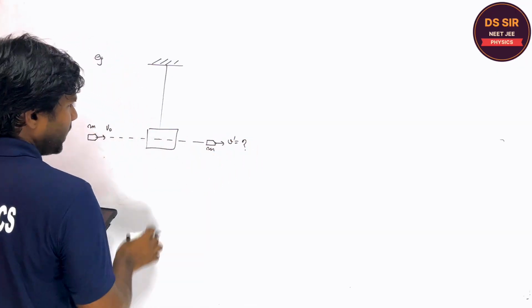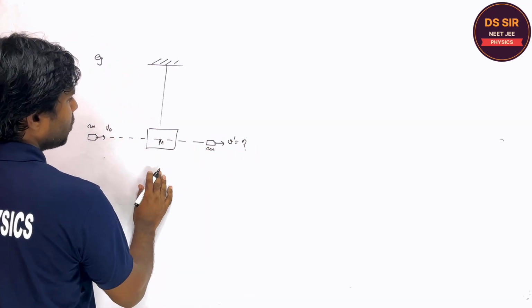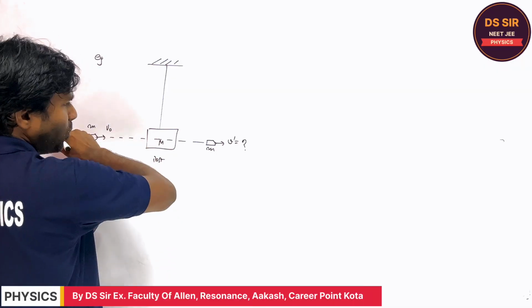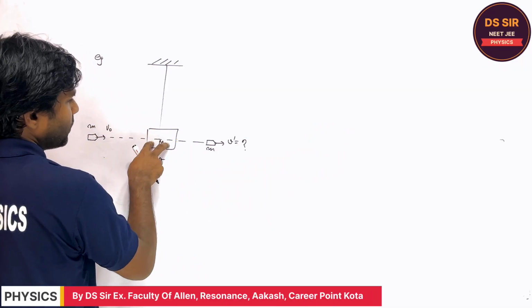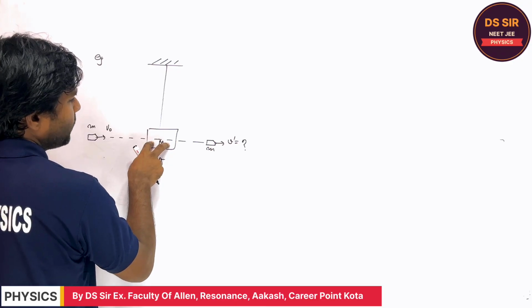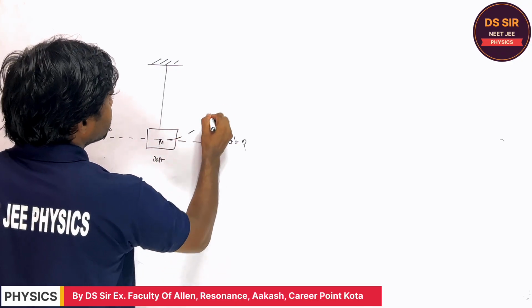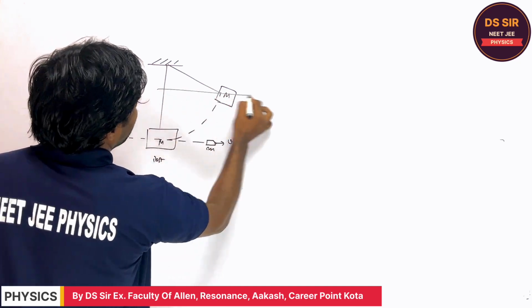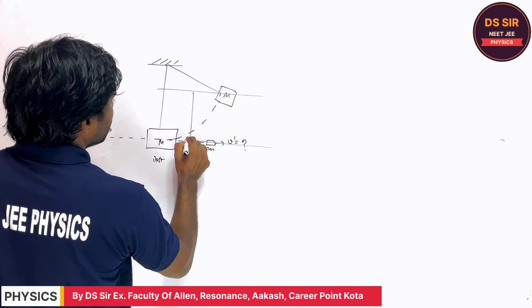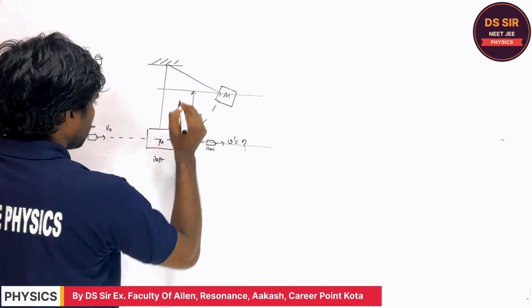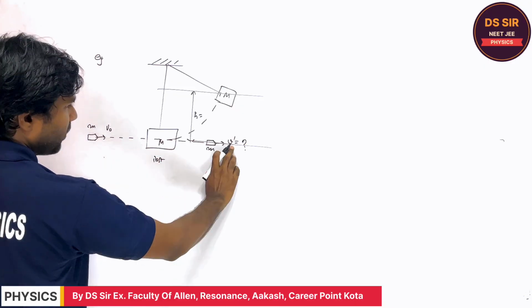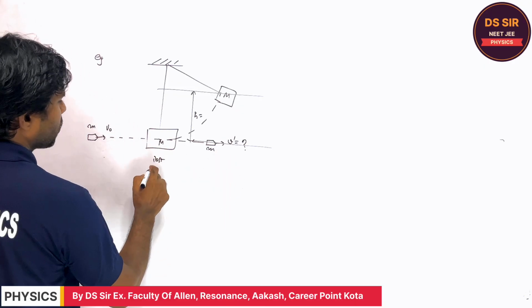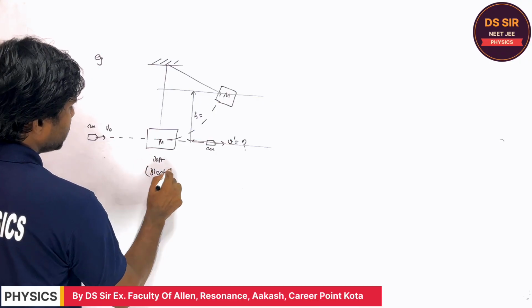This capital M block is initially at rest, but when the bullet penetrates, some momentum is acquired by this block, and because of this it rises to some height. This height h is given in the question, and you have to find the speed of the bullet after penetrating this block, which is initially at rest.